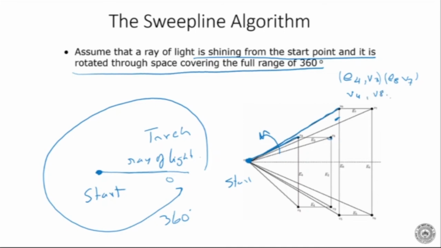In this way the ray of light is being rotated by 360 degrees, and we are noting whether it's an edge and a vertex, or only a vertex, as it makes a full sweep.